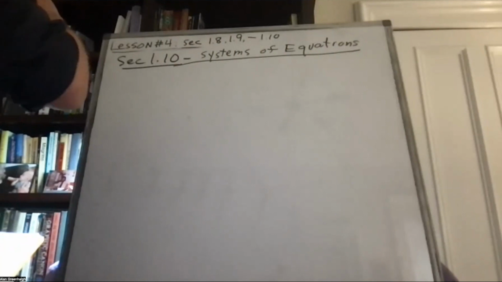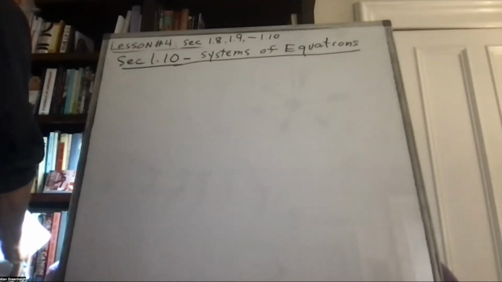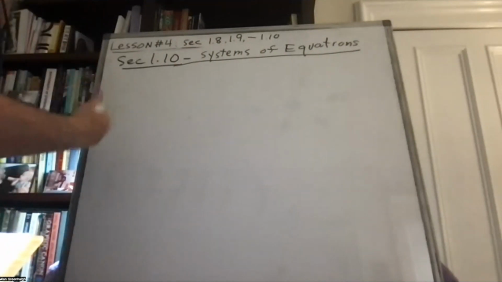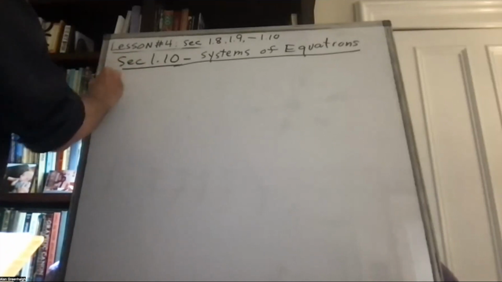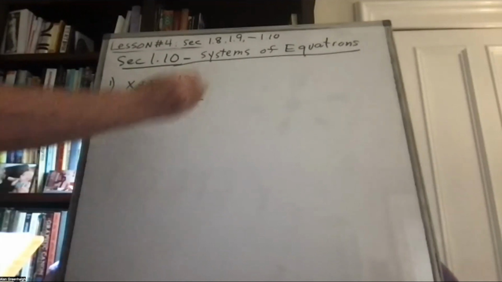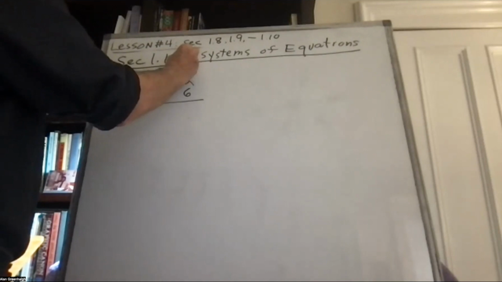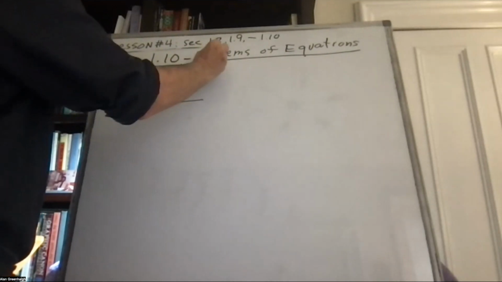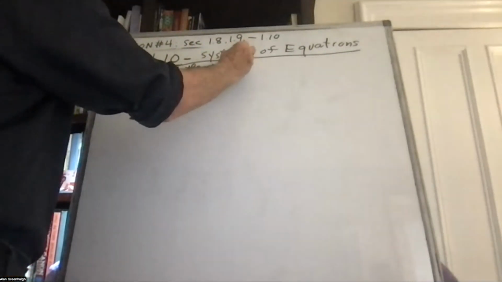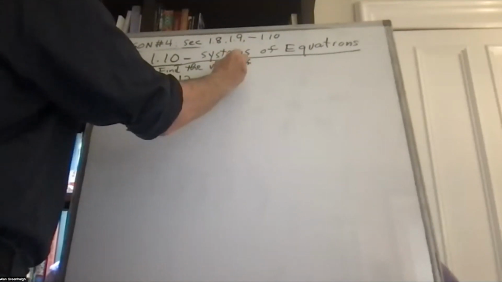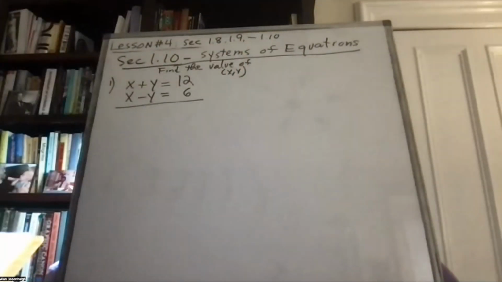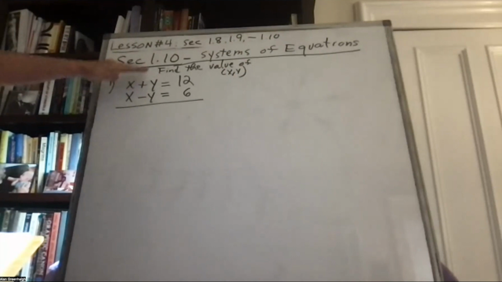A system of equations means you're solving a bunch of equations together. For example, let me take a very, very simple example. The question would be, find the values of X and Y. This is called a system of equations.